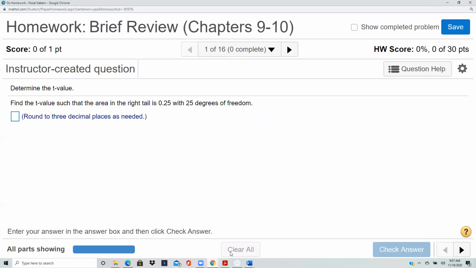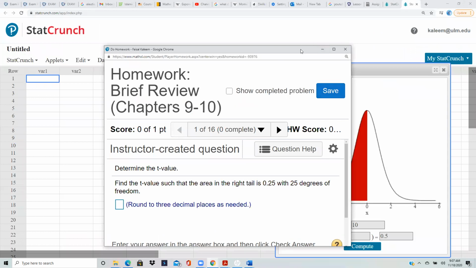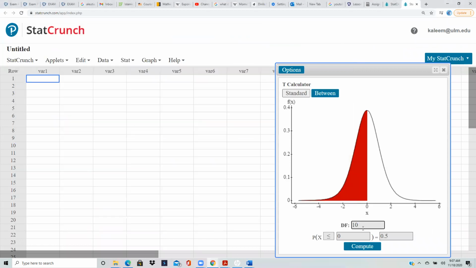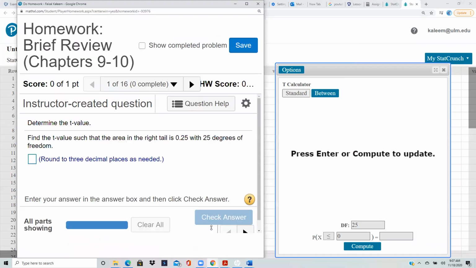It gives us the degrees of freedom. So it would be 25 for that. And then I think it said it was right tail. So we'll have a greater than sign. Right tail.